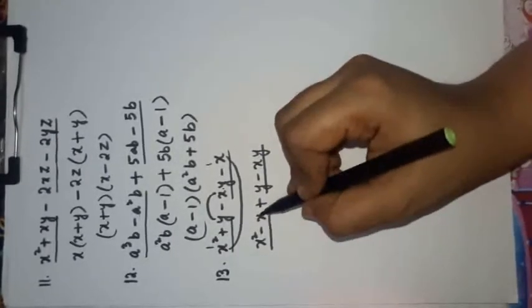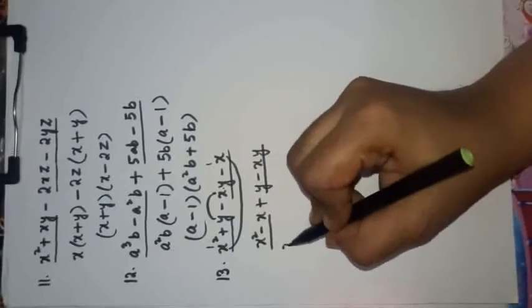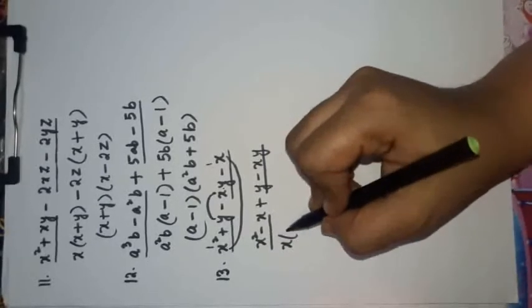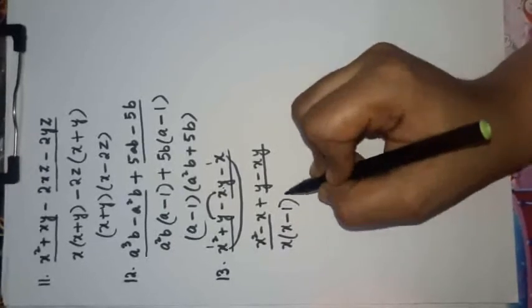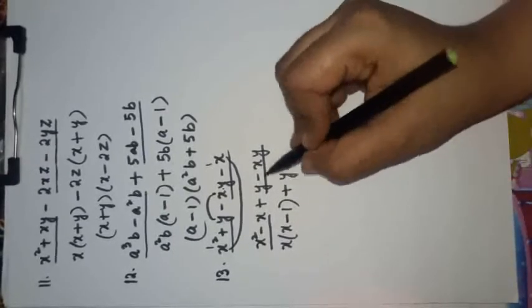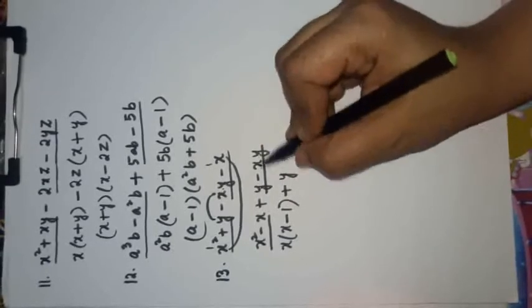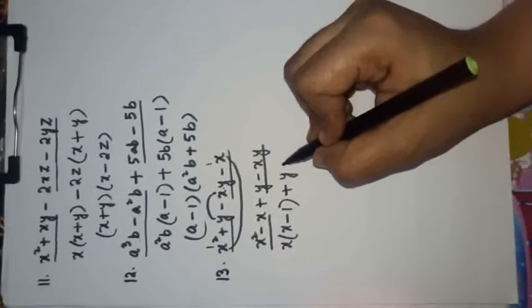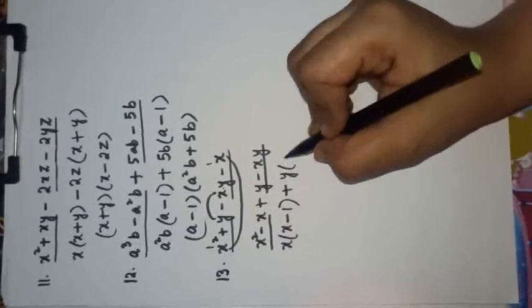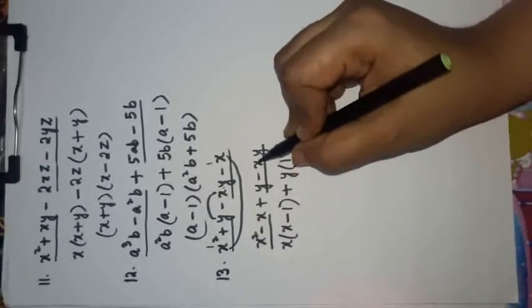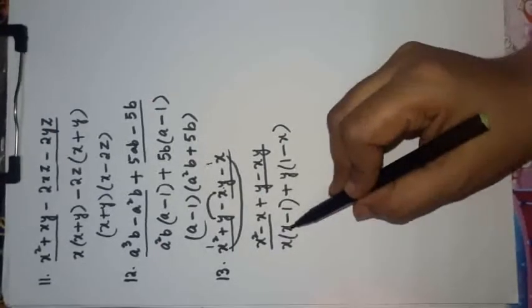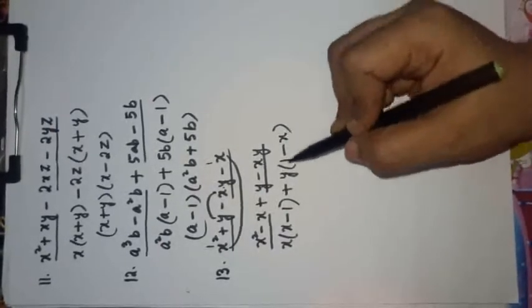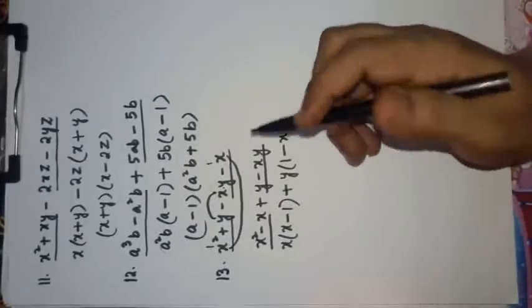So here x square minus x, means here x you can take common, and after I take x common, x is remaining, minus here nothing is remaining, so 1. Plus y, because here y and y both are same, so y I am taking outside, then here nothing is remaining, 1 I'll get, then minus, here y already taken, so x is remaining. So again you see here x minus 1 and 1 minus x, just there is a slight difference between the two.